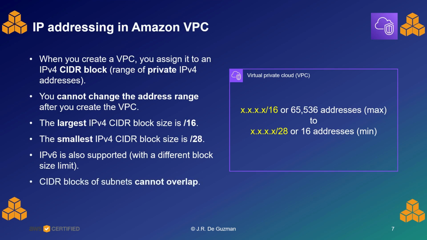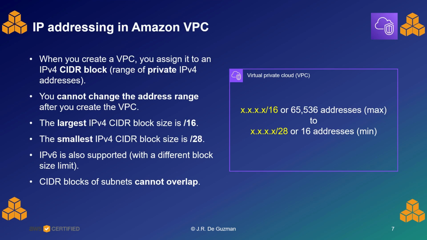Next, the CIDR block of a subnet can be the same as the CIDR block for a VPC. In this case, the VPC and the subnet are the same size, a single subnet in the VPC. Also, the CIDR block of a subnet can be a subset of the CIDR block for the VPC.